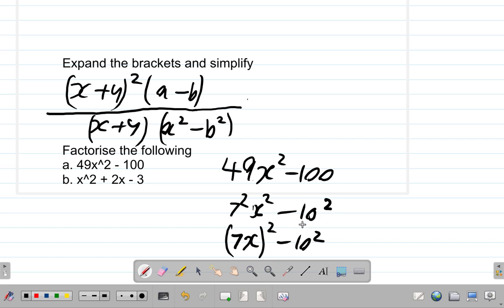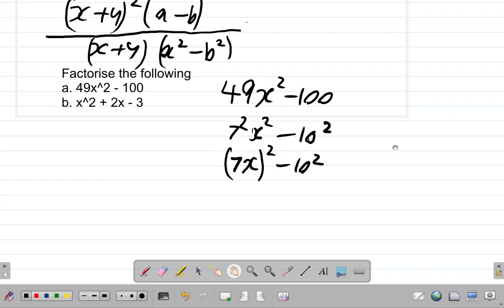So now remember, it's a difference of two squares that you have here. Let me scroll up a bit. So here now, you have, remember the shortcut, when you factorize the difference of two squares, in the left hand corner whatever you squared to get this square, you put it in the left hand corner, 7x, 7x.